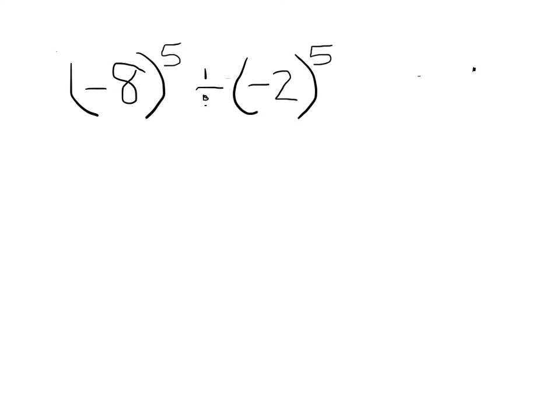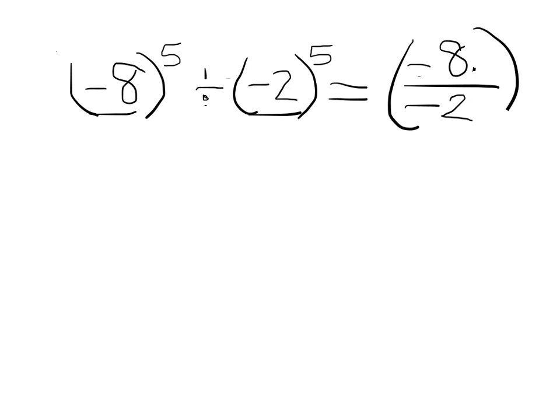I can then use my power of a quotient property to rewrite this. I'm dividing my bases, so my bases are -8 and -2, dividing my bases and raising it to the common exponent. I can then simplify this: if I have negative 8 divided by negative 2, I will get 4 raised to the 5th.